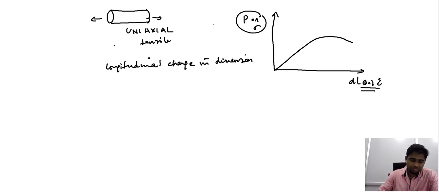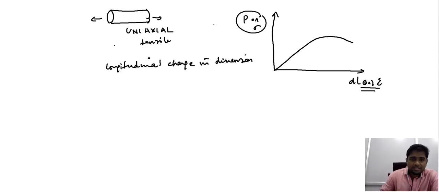Now in the previous lecture we saw that when we impose a uniaxial tensile loading, the longitudinal change is not the only change that is offered by the material. So when we talk about the response, the longitudinal change is not the only change. There is also another change that occurs in a perpendicular direction.